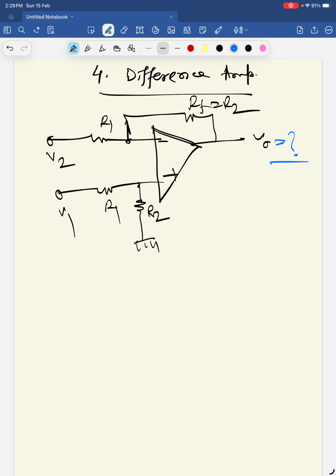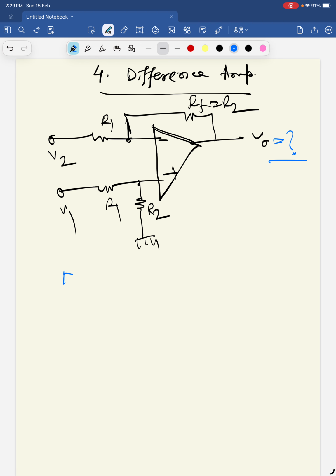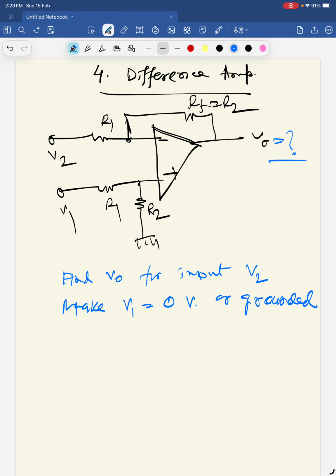So the simplest way I am telling: when we are finding out V0 for input V2, then make V1 equal to 0 volt or grounded. Simply we are making it grounded.